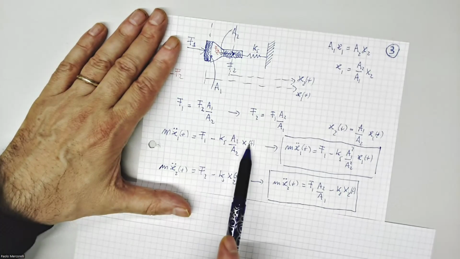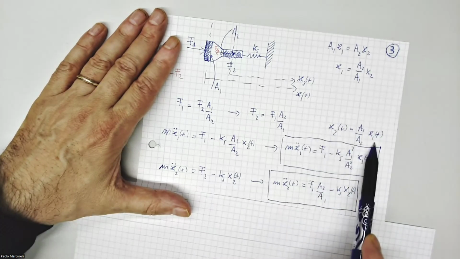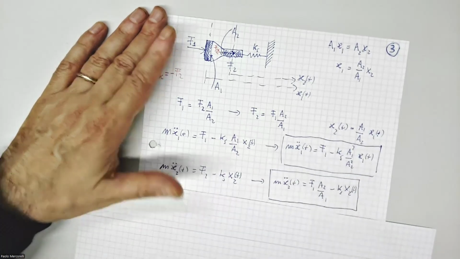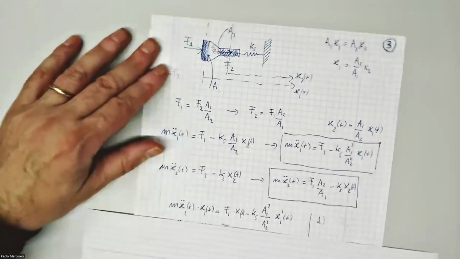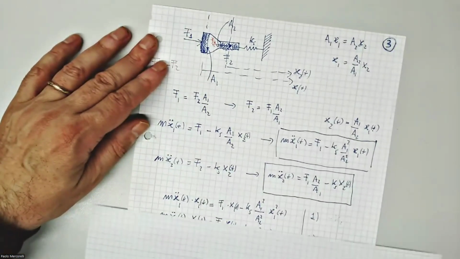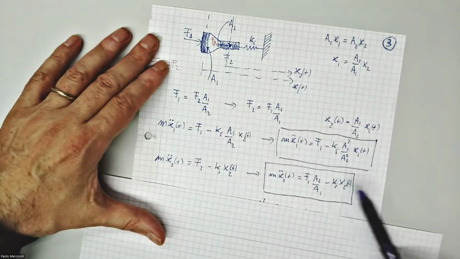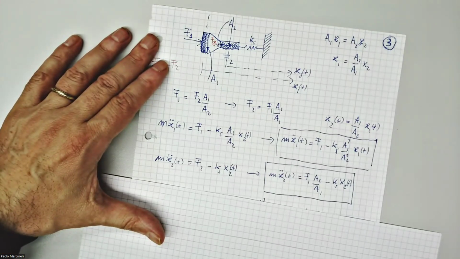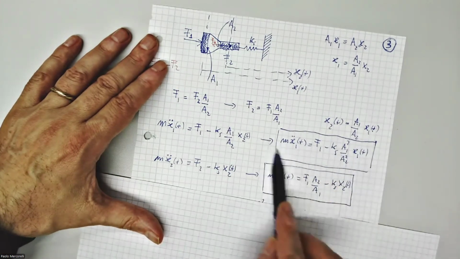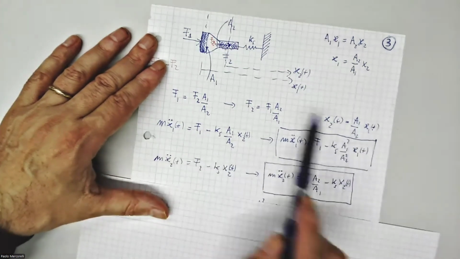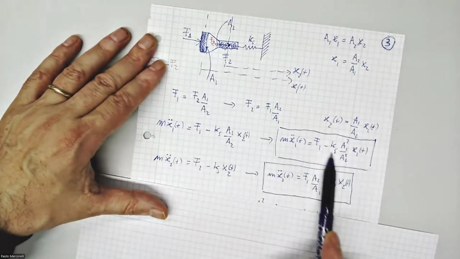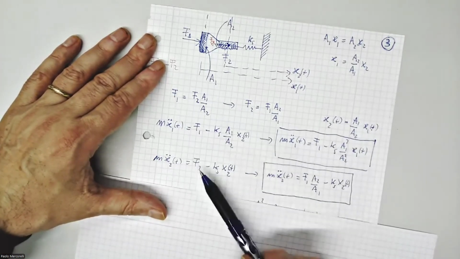Again, if x2 must be transformed into x1, we have exactly these two equations. First equation and second equation. In fact, in the piezo, we have to really be careful on the reaction, which is very strong, very strong.